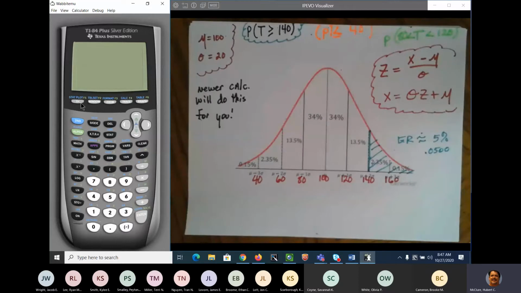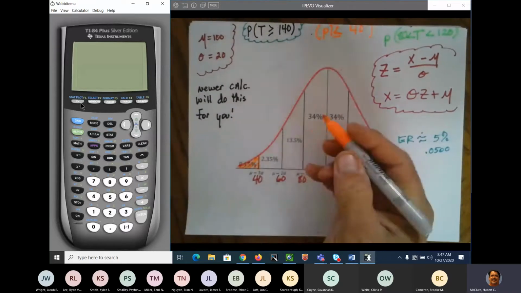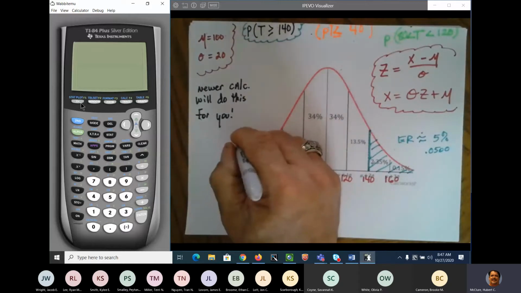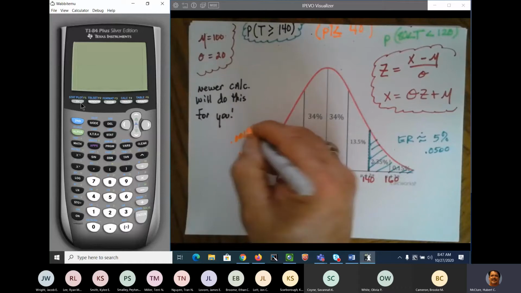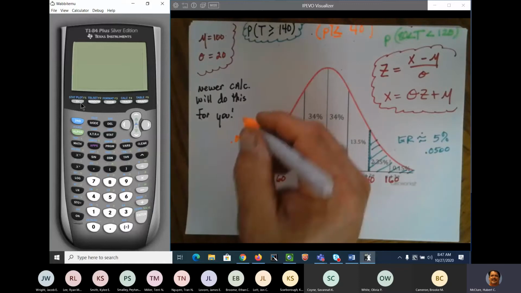And our orange is less than 40, and that would be 0.15%, or 0.0015.